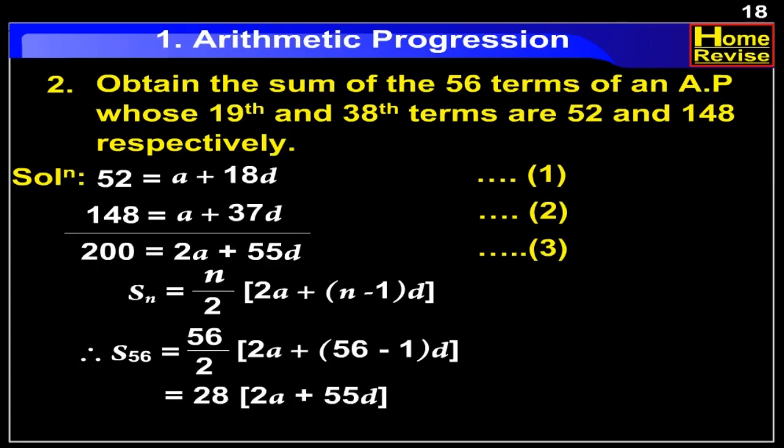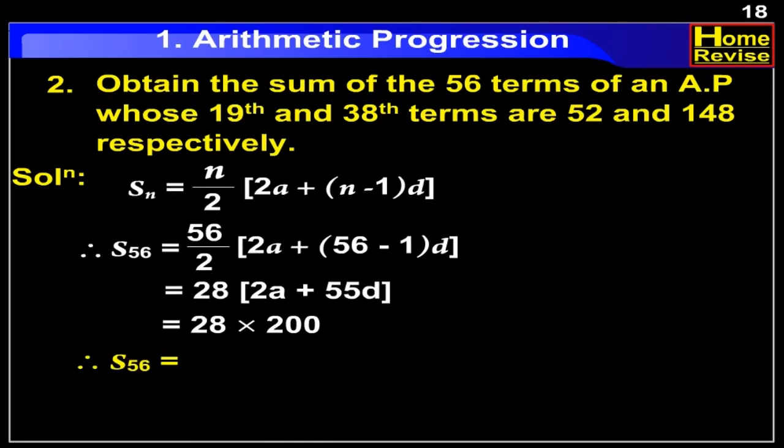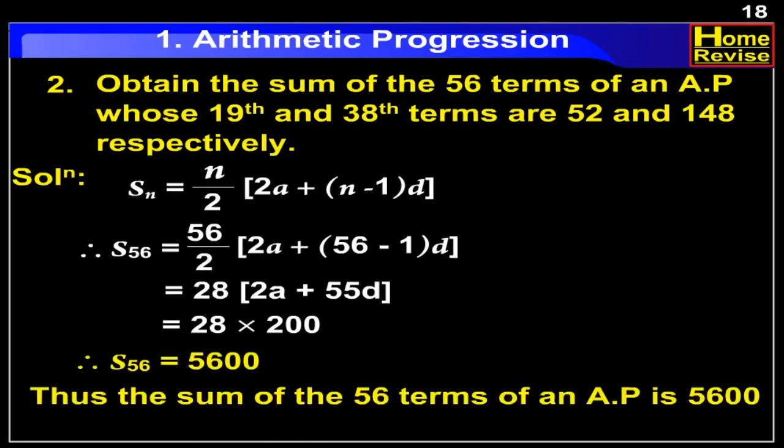Now substituting the value of 2a plus 55d from equation 3, we have S56 is equal to 28 into 200. Therefore, S56 is equal to 5600.